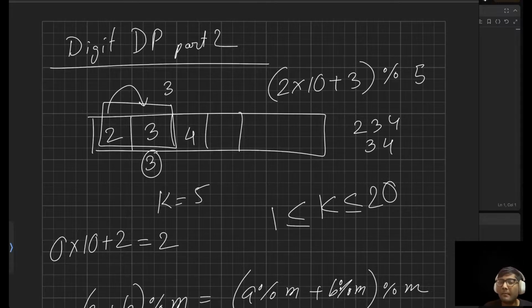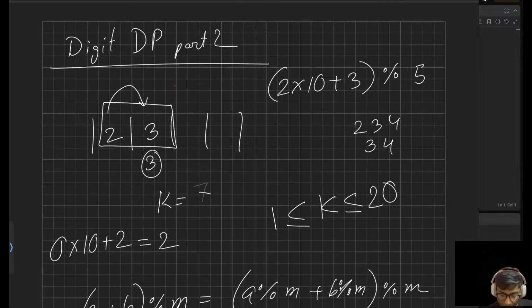Now 5 may look very special, so let's try it with something else that is not very nice, like 7. Initially I start with a 2, and 2 modulo 7 is 2. Then 23 came, and 23 modulo 7 is 2. So I came with a 2.